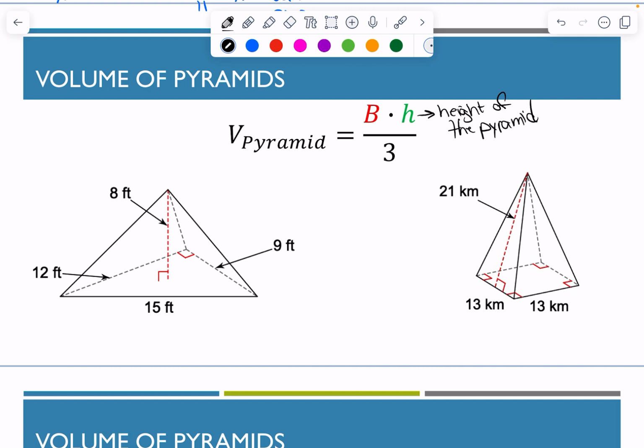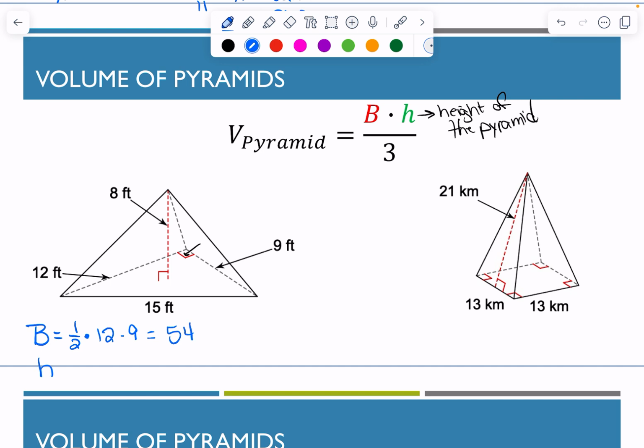So when we start over here, I notice that I have a triangle for the base. Here is the right angle of that triangle. So if we want to start off, we can go, okay, the base then would be 1/2. The 12 and the 9 is what makes that up. So I would go 1/2 times 12 times 9. So that is going to be 54.